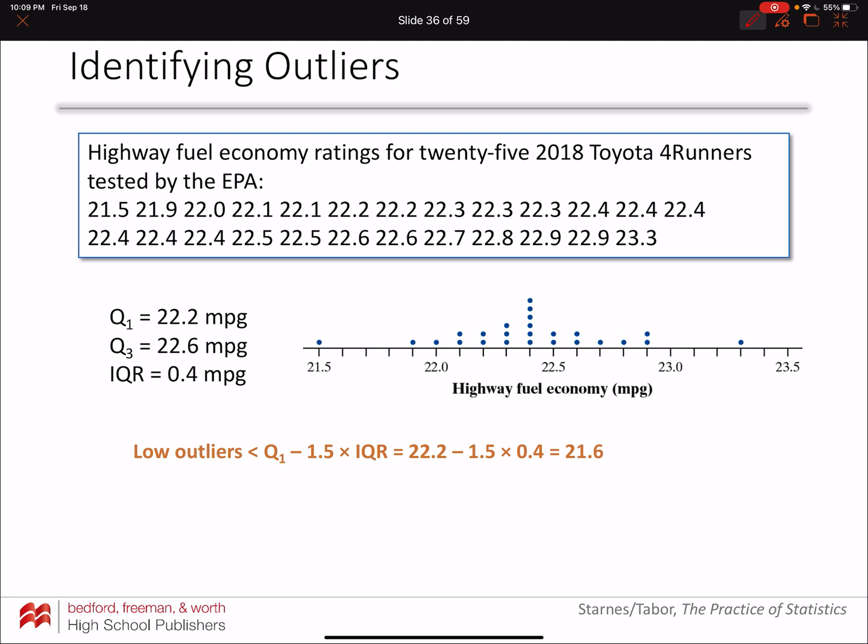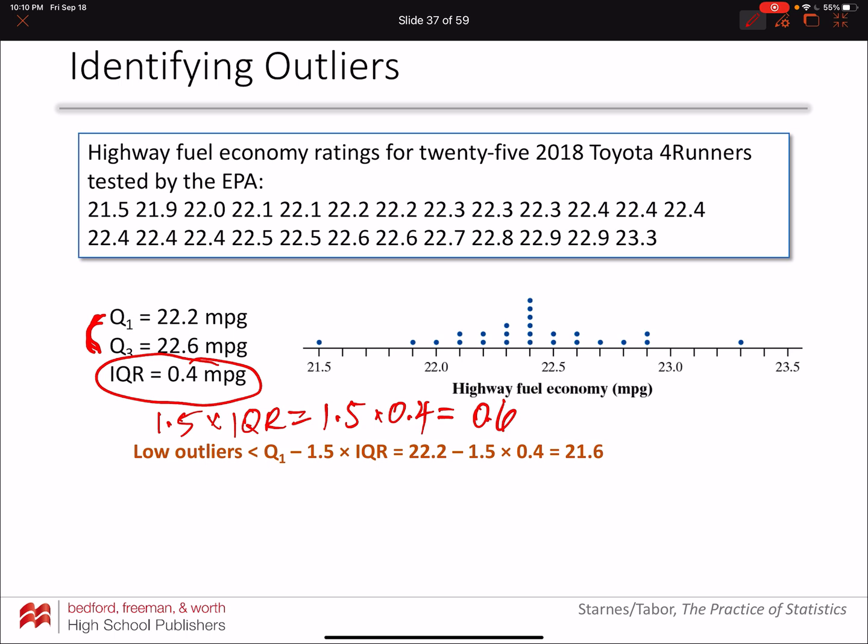So here's the process. The interquartile range is 0.4. It's the difference of these two things right here. So 1.5 times the IQR is 1.5 times 0.4, which is 0.6.